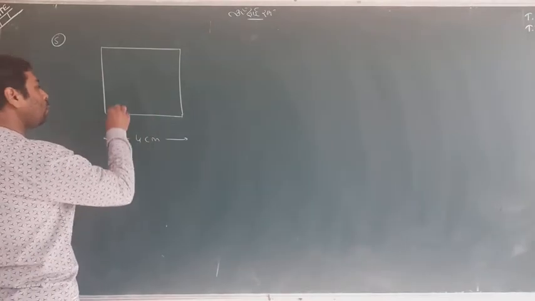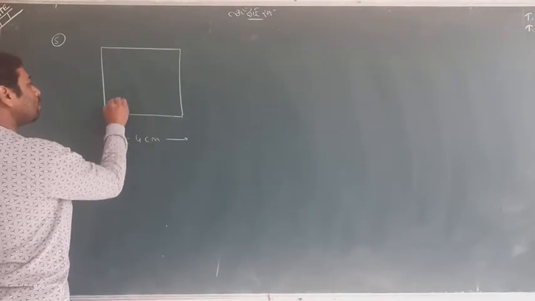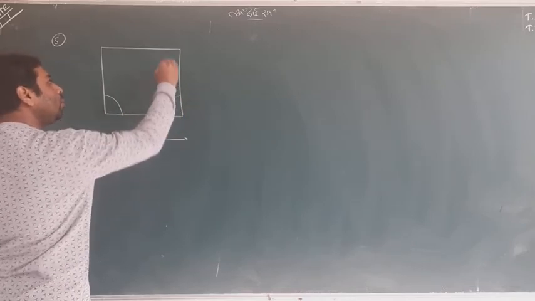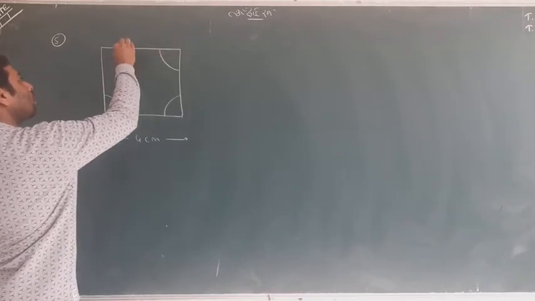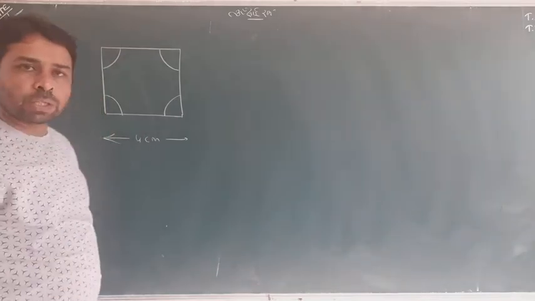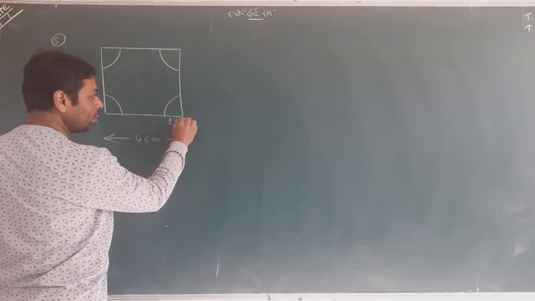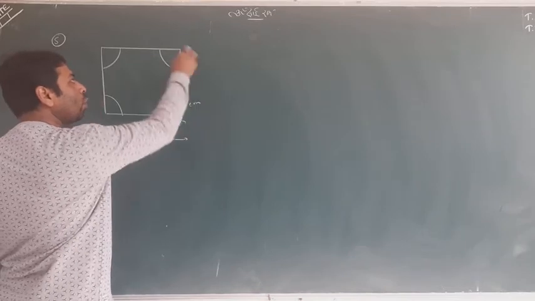This is whole 4, and definitely we are given that this kind of quadrant of a circle of radius 1 centimeter. This is none else but it is 1 centimeter, and all are 1 centimeter.